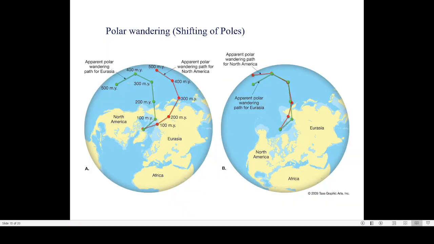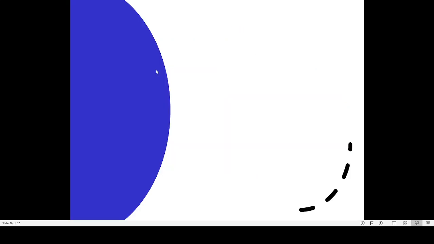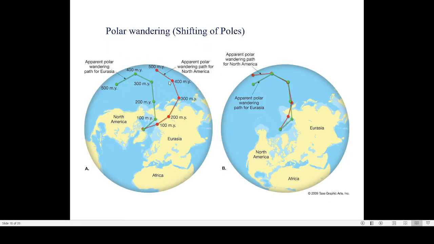Then I told you about the shifting of the poles. Now this is where the present northern pole is situated. But before some time, that is before 400 million years ago, the magnetic north pole was at this point.